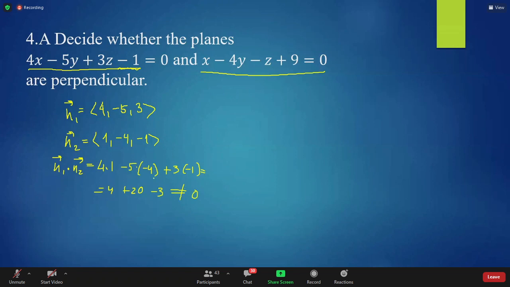So these planes are not perpendicular. Because if those planes were perpendicular, then the normal vectors would be perpendicular and the scalar product would be equal to 0. It's not. So the planes are not perpendicular. This is, let's say, a very simple problem.